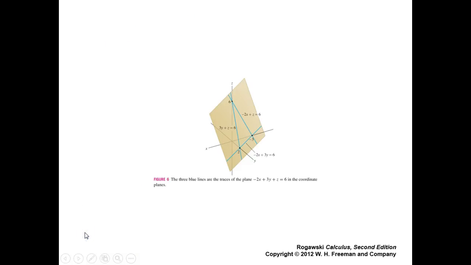Which of the following planes contains the z-axis? A, z is equal to 1. B, x plus y is equal to 1. Or C, x plus y is equal to 0.